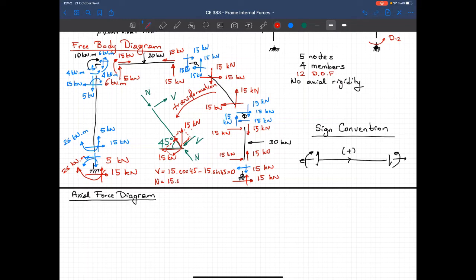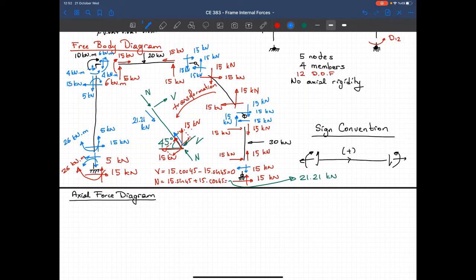So 15 times sine 45 plus 15 times cosine 45 will give me 21.21 kilonewtons, and the axial force will be in this direction, and magnitude is 21.21 kilonewtons.